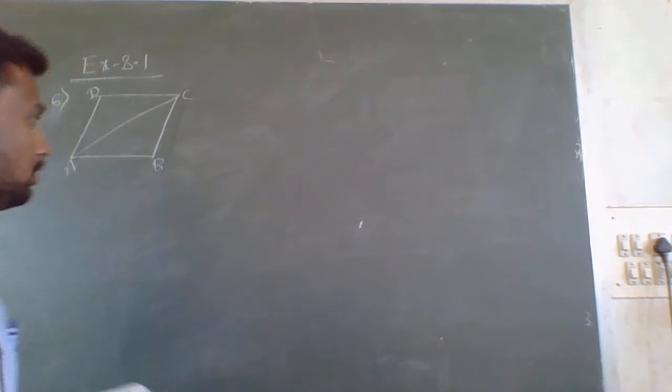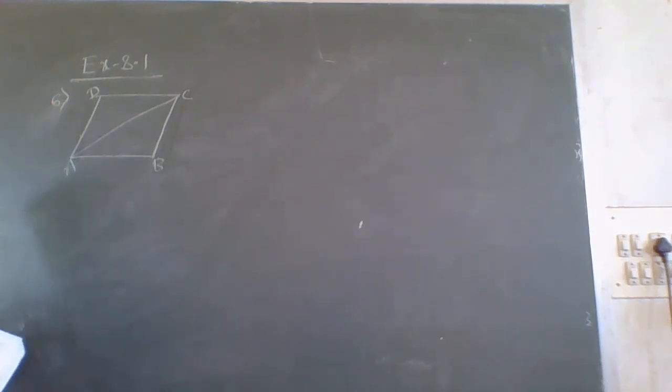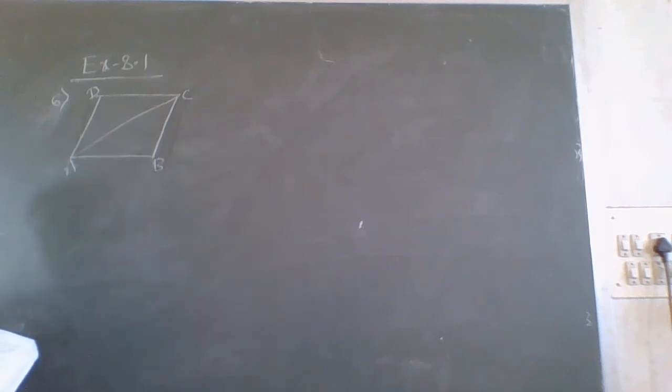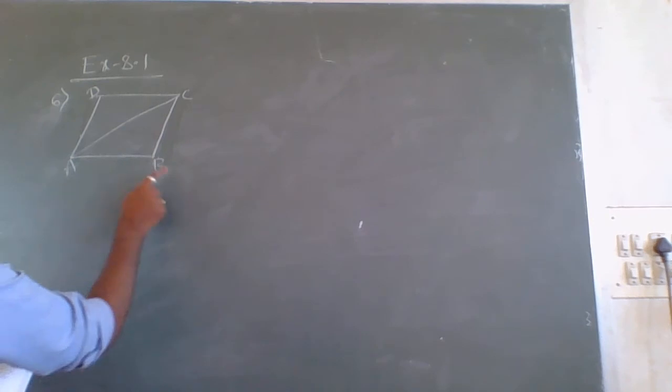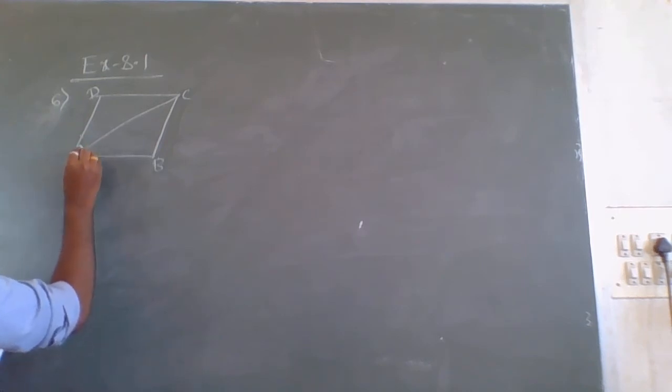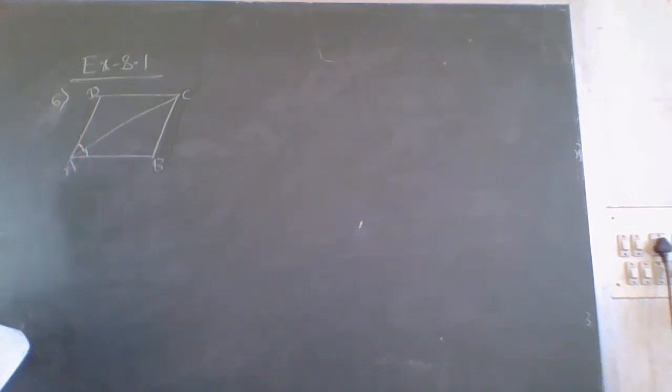So what are they given here? This is the diagonal AC of parallelogram ABCD, and it is bisecting angle A, so these two angles are equal.